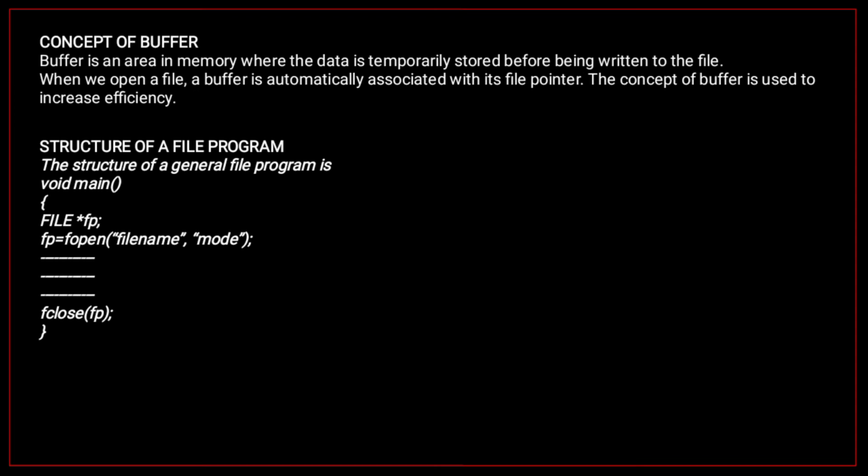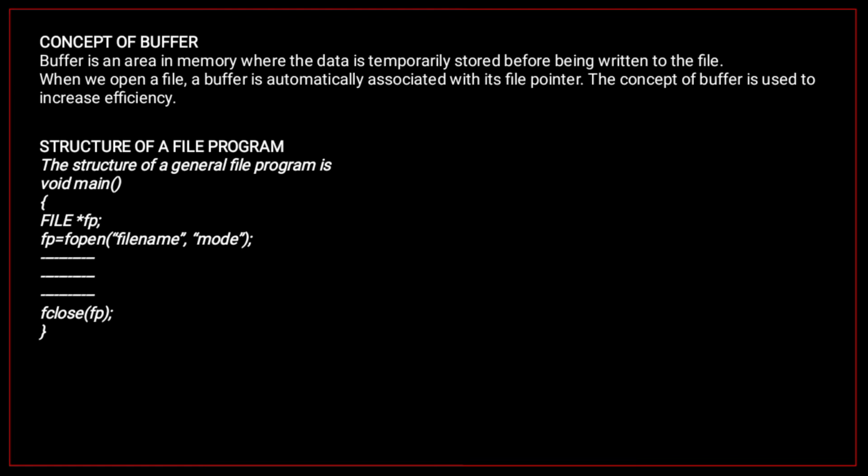A file must be opened before any input-output operations can be performed on the file. The process of establishing a connection between the program and the file is called opening the file.